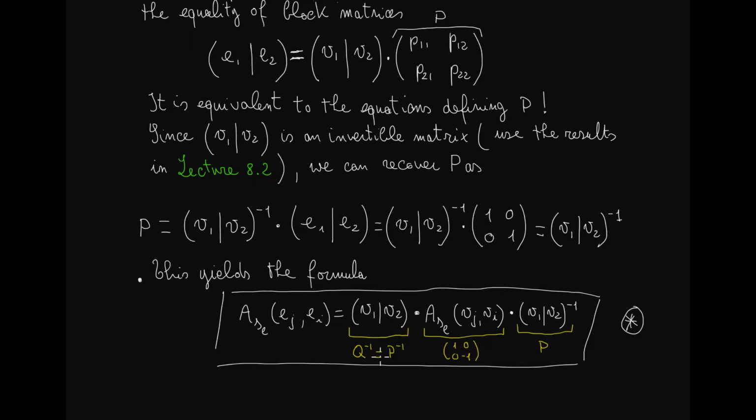But Q minus 1 equals P minus 1 because P equals Q, and we derived P from the previous equation, P equals V1 V2 inverse. Therefore, Q minus 1, which is P minus 1, is just V1 V2. Let's call this equality with the star, and we will refer to this equality later on in the lecture.